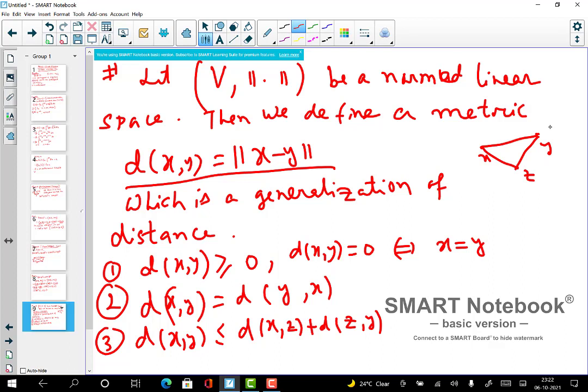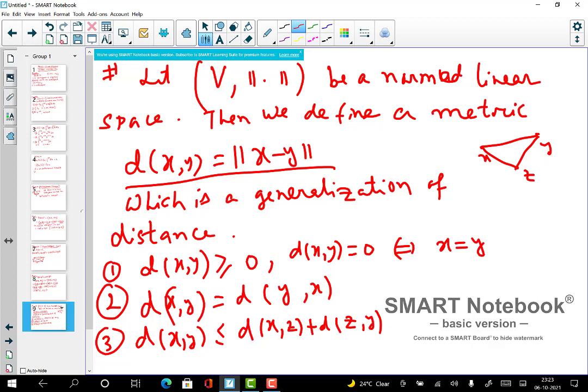Okay, the proofs are simple. Obviously, by definition, norm is always non-negative, so the first property is obvious, and the norm of this is 0 only if x equals y, right? Symmetry also comes from the fact that the norm of x minus y and the norm of y minus x are the same.